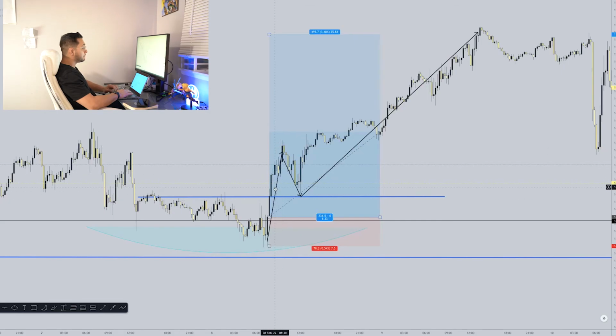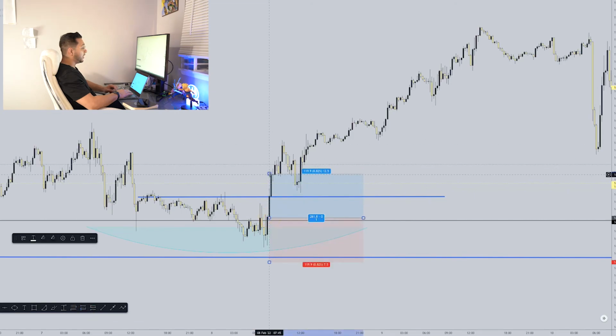So continuing on, let me remove these arrows. So you could have got in here, caught the breakout move, and simple as that. Or you could have entered on the break of structure.